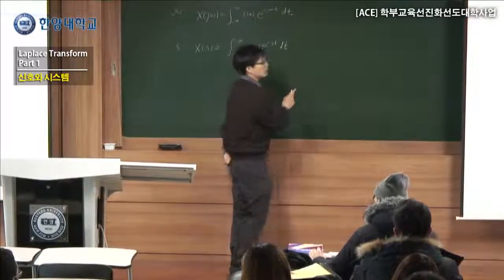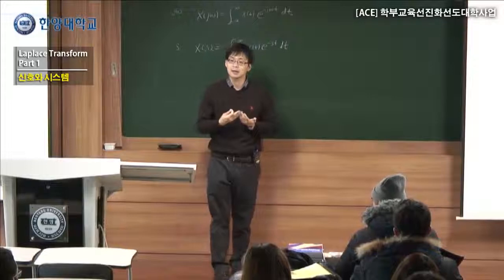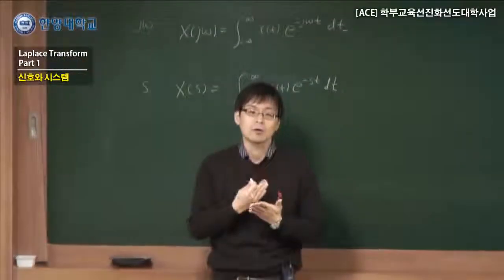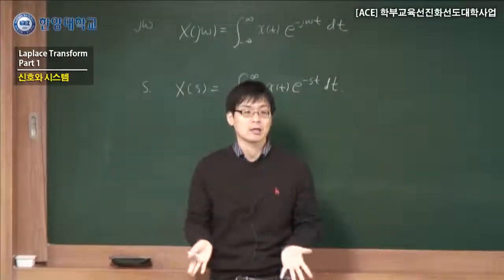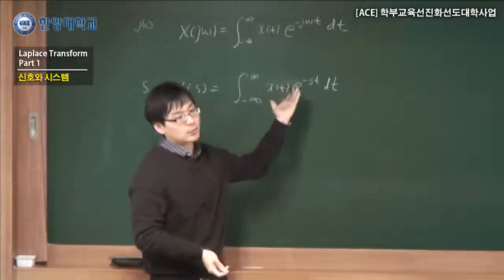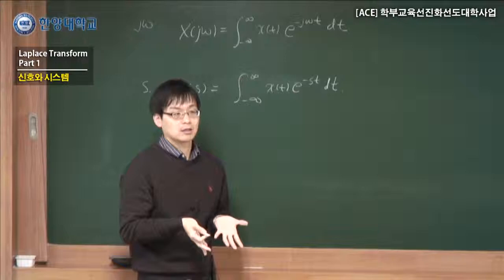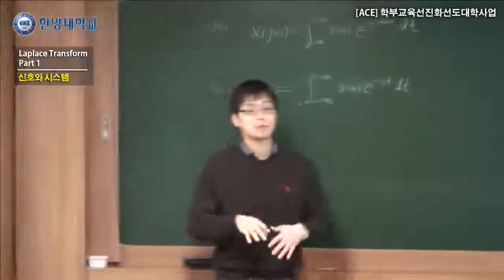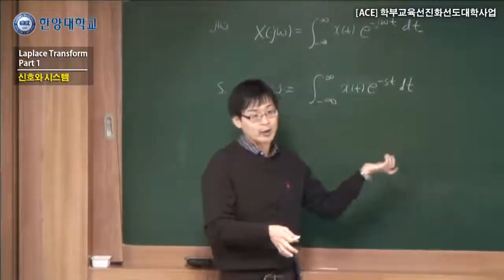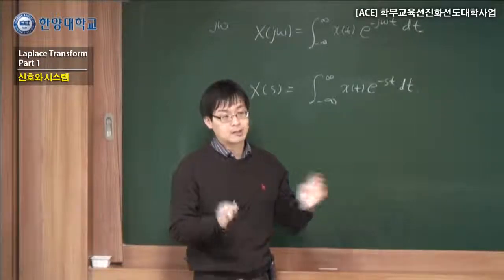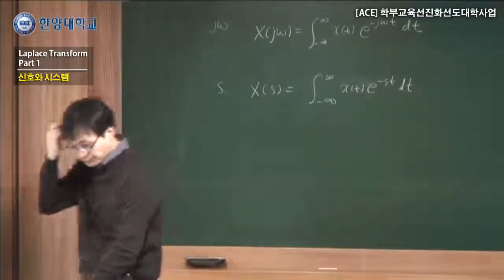In the beginning of the lecture, I explained that the Laplace transform covers all of the complex plane. The Fourier transform only covers a part of the complex plane. So the Laplace transform has more domain compared to the Fourier transform. That's one major difference.